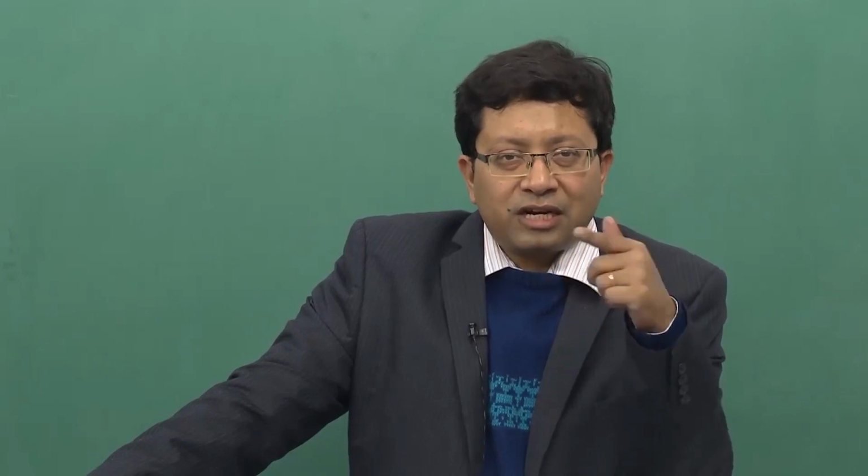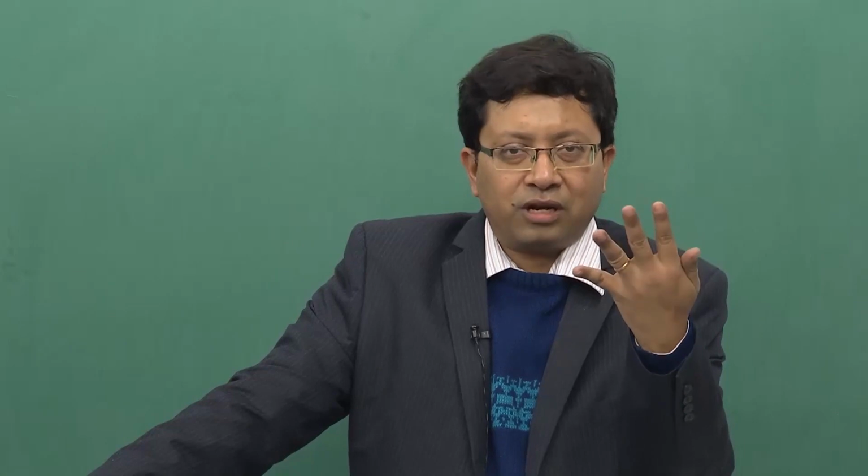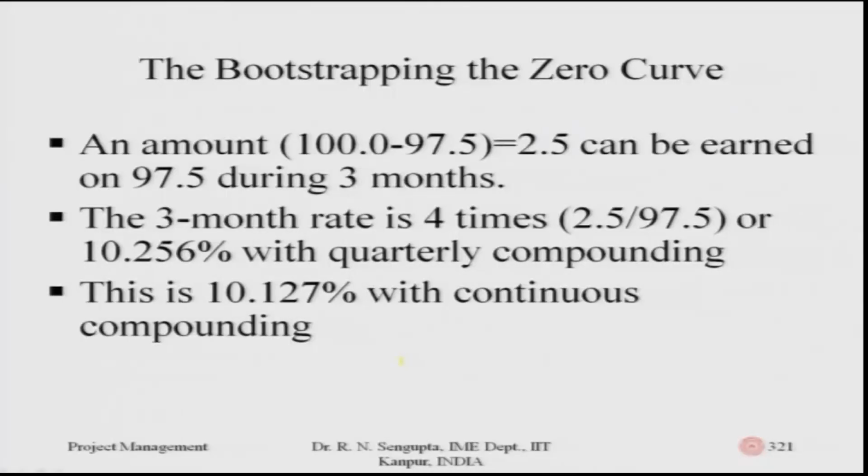Why? Because if we extend the 0.25 on a yearly basis, it will be 4 times, hence the quarters are 4 in number for a year. So, 10.256 with the quarterly compounding concept, when converted into the continuous compounding concept using the formula I just discussed, will be 10.127.